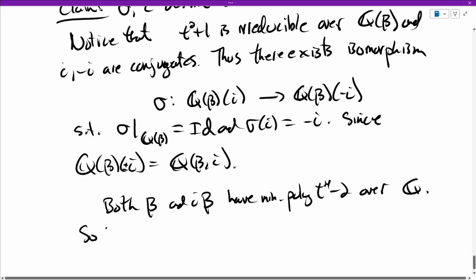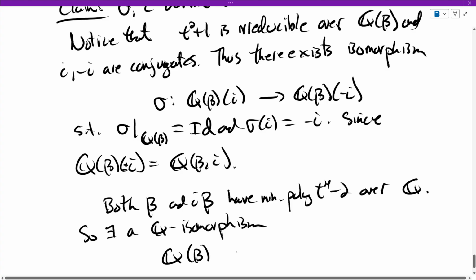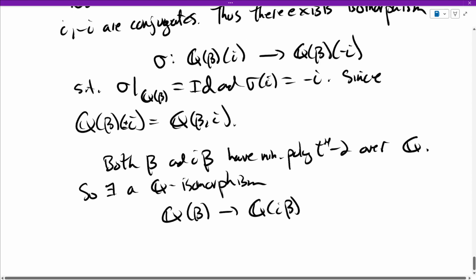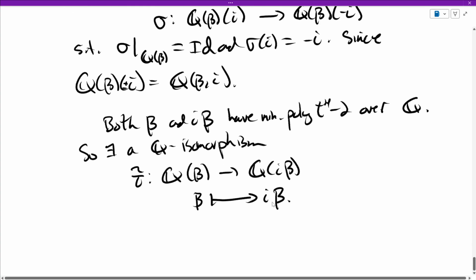So there exists a Q isomorphism from Q adjoin beta to Q adjoin i beta, let's call it tau wiggle, which sends beta to i beta. They're conjugate elements. There's an isomorphism that takes one to the other. Now, unlike the sigma case, the tau wiggle doesn't go from one field to the same field.